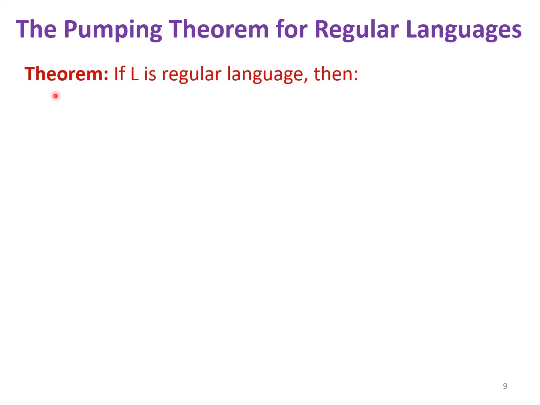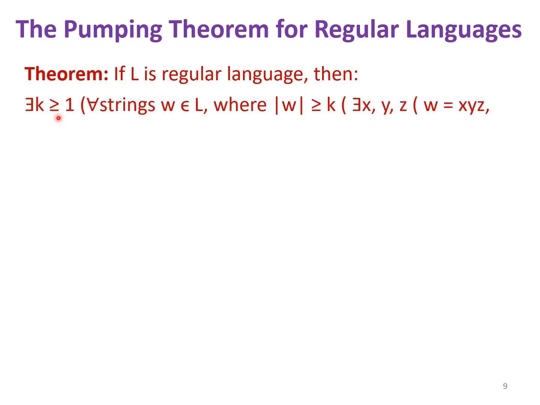The theorem states that if L is a regular language, then for some k greater than or equal to 1, and for all the strings w which belong to L, where the length of w is greater than or equal to k, then for some x, y, z, where w is parted into x, y, z, with the conditions that the length of xy is less than or equal to k, y is not equal to epsilon, and for all q greater than or equal to 0, x y raised to q z belongs to L.